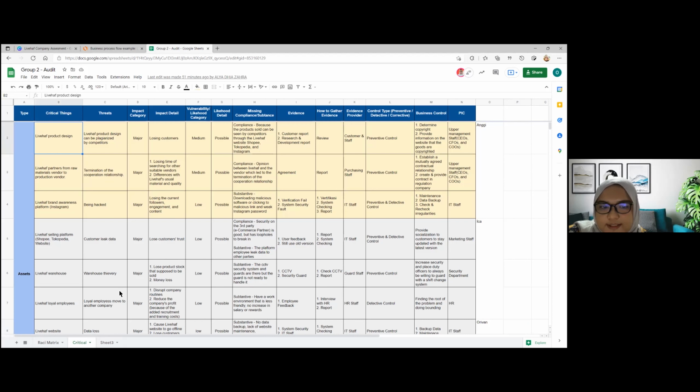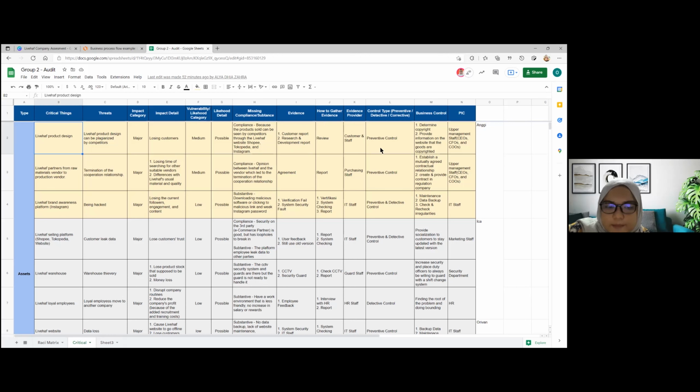And this case is missing compliance because the products sold can be seen by competitors through the Livehaf website, Shopee, Tokopedia, and Instagram. Evidence is customer reports and research and development reports, and how to gather evidence will be reviewing evidence provided by customers and staff.